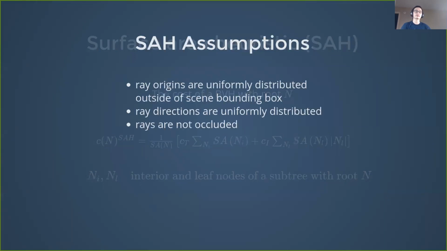However, the surface area heuristic has several assumptions which make it not entirely accurate. First, rays are uniformly distributed outside the scene bounding box, which is definitely not true because usually we have a camera and all the rays shoot from the camera. Also, ray directions are uniformly distributed, certainly not true.